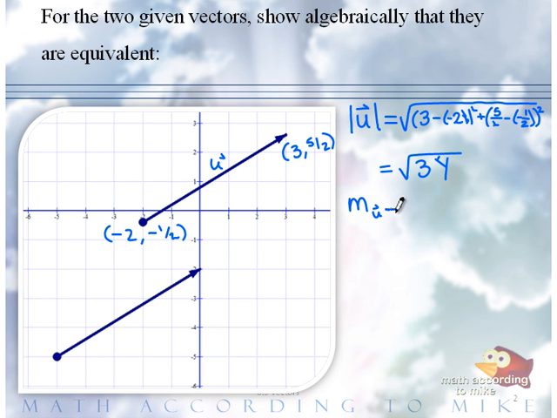What's the formula for slope? Yep. So in this case, 5/2 minus -1/2, all over 3 minus -2.